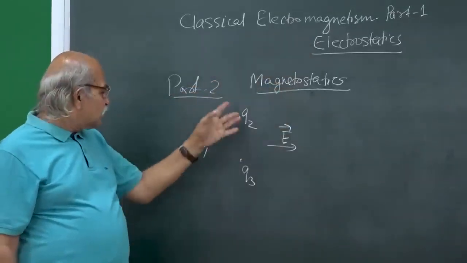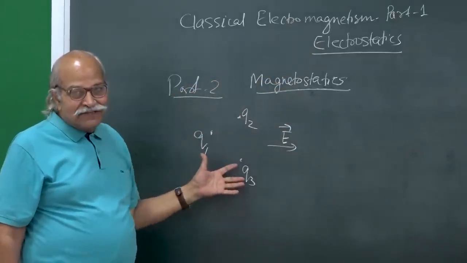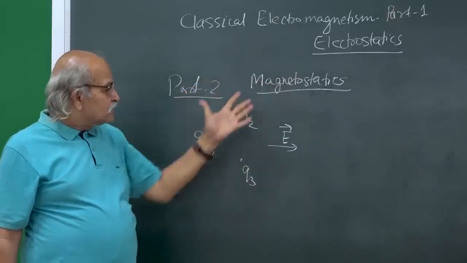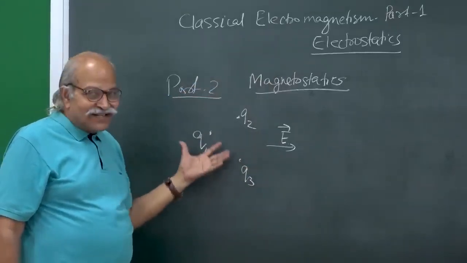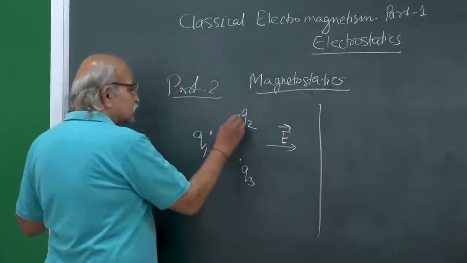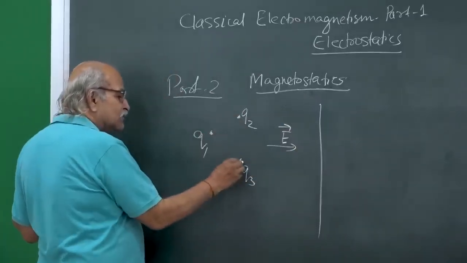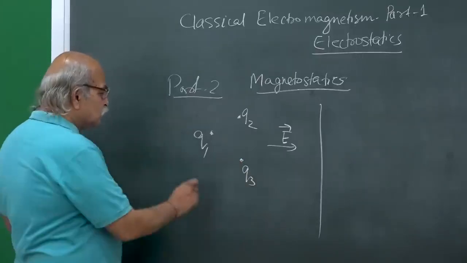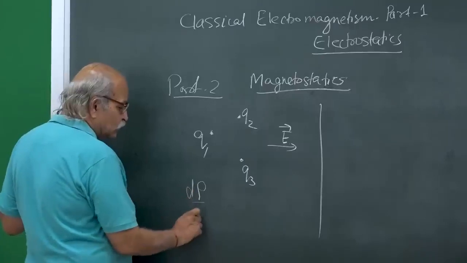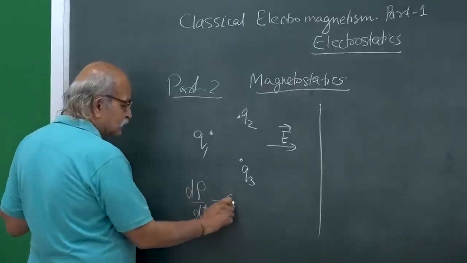Although if there are small velocities, it does not matter much, and we do apply the laws of electrostatics for slowly moving charges also, okay. But these charges should not change with time. So, if you talk in terms of the charge density, then d rho dt should be 0 for electrostatics.